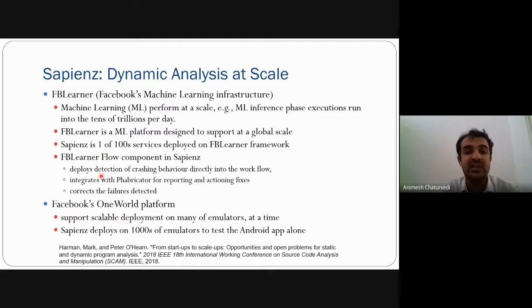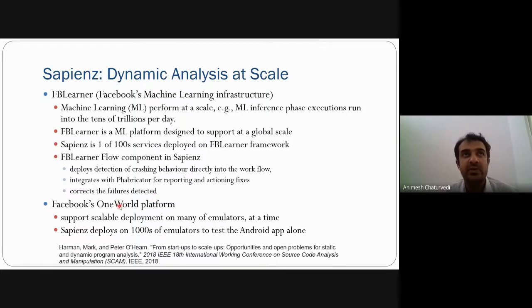It deploys and detects crashing behavior directly in the workflow. After deployment, it integrates with Phabricator for report generation and action for fixing the bugs. Then it corrects the failure whenever a failure is detected.